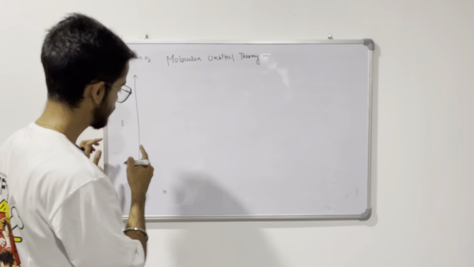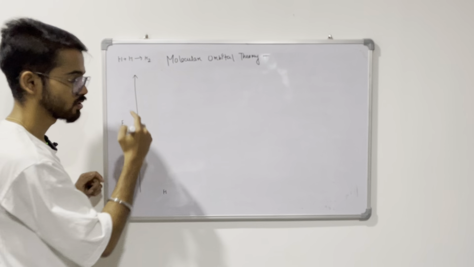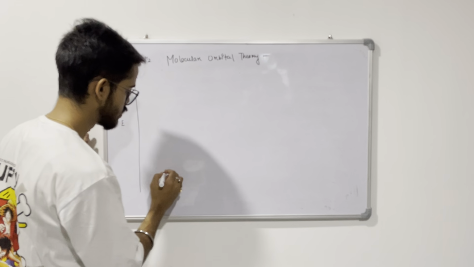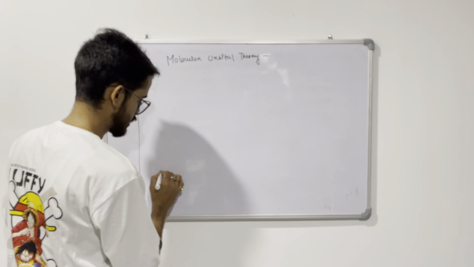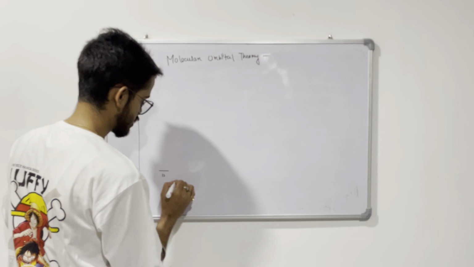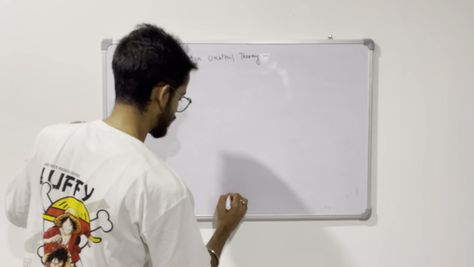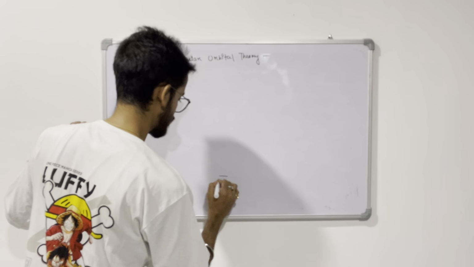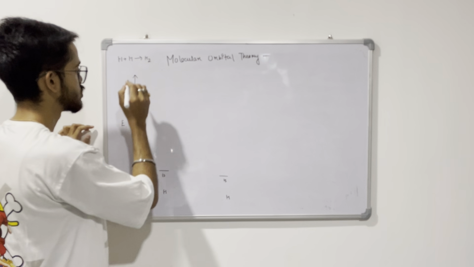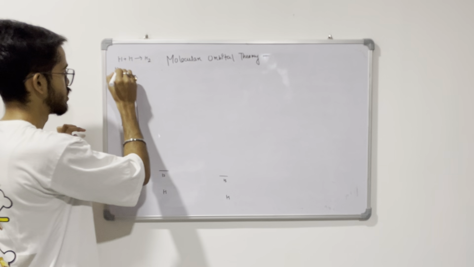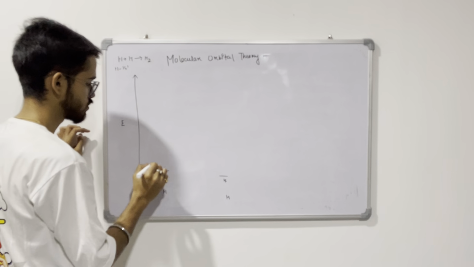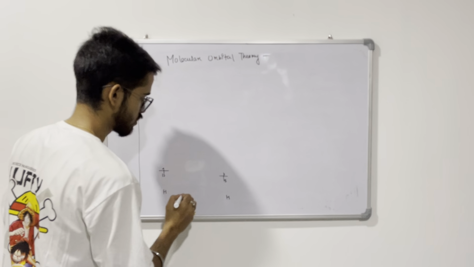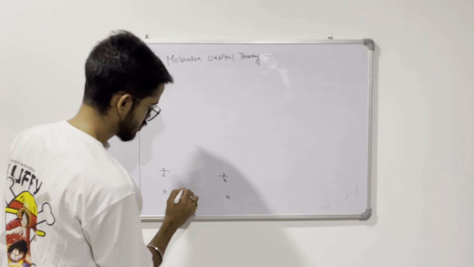Always remember an energy sign must always be given, from lower levels to upper levels only we assign atomic orbitals. So 1s, similarly for hydrogen this is 1s. In case of H2 molecule, hydrogen's electronic configuration is 1s1, so in this electron is 1.